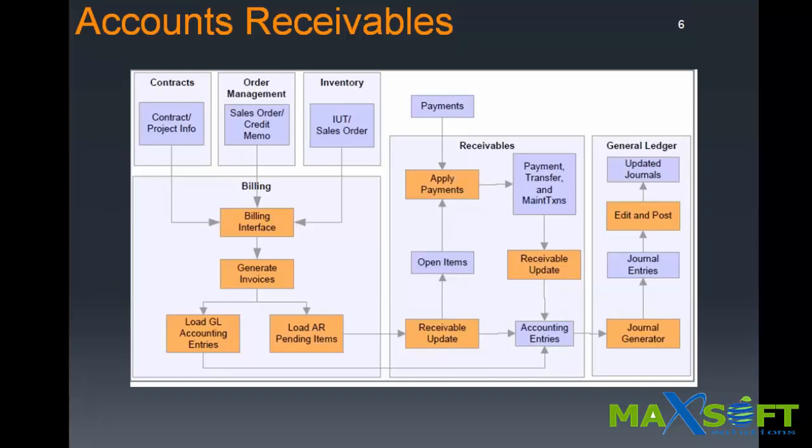After applying the payments, we again run the AR update. Then the payment entries will be generated, meaning the accounting entries for the payments are generated and posted. Those will be entered into the journal, and the rest is taken care of in the general ledger.